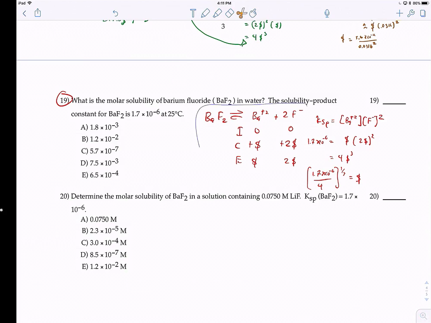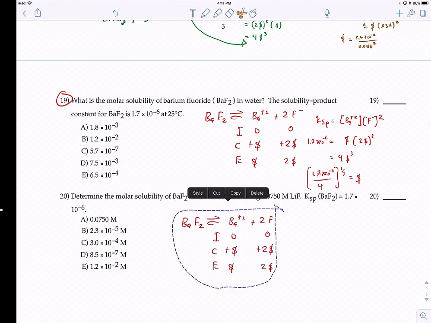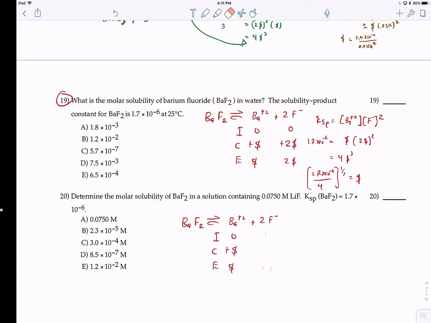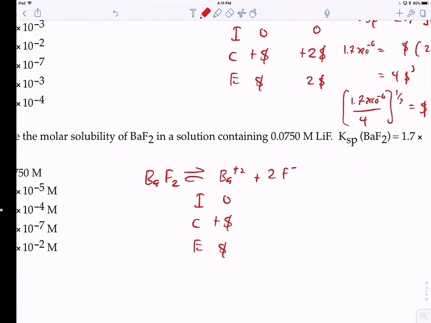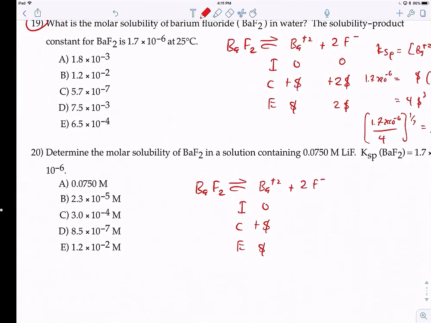Okay, same idea for this one, the exception being that it says barium fluoride in 0.075 molar lithium fluoride.